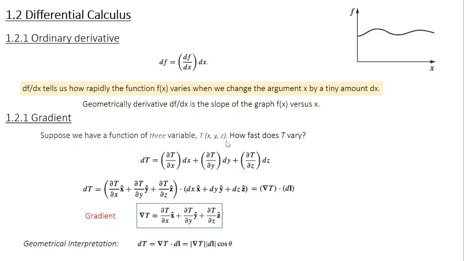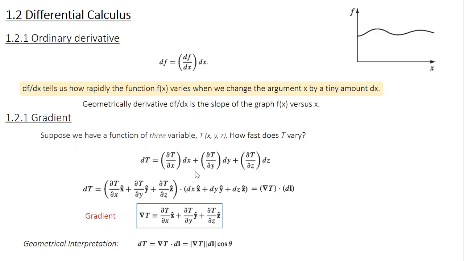Now we have three dimensions, so you have to monitor the changes in x, y, and z direction. Using the partial derivative theorem, you can write an infinitesimal change in t, dt, as dou t by dou x into dx plus dou t by dou y into dy plus dou t by dou z into dz. So this gives you change in x direction, y direction, and z direction.